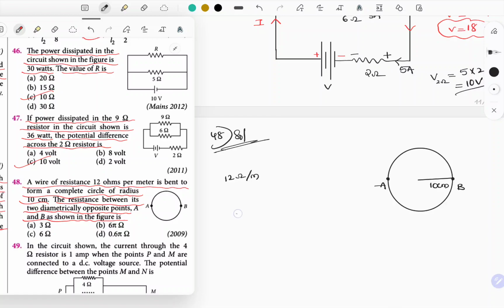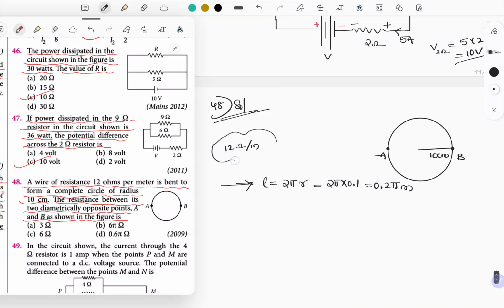So what's the total length? The total length is going to be 2 pi r, that is the total length of the circle, which is 2 pi into 0.1 meter, equal to 0.2 pi meter.